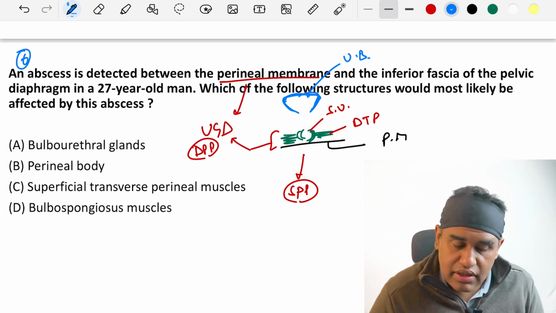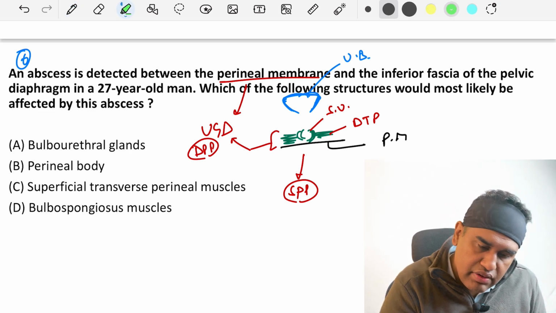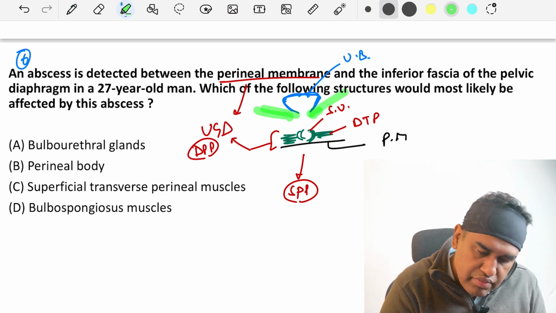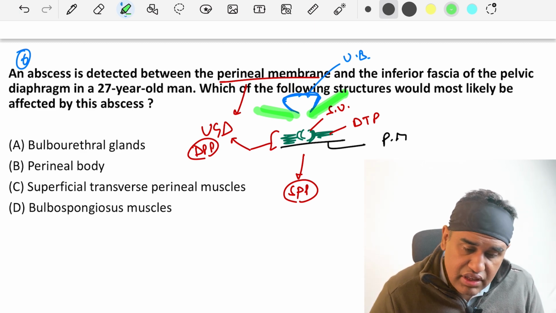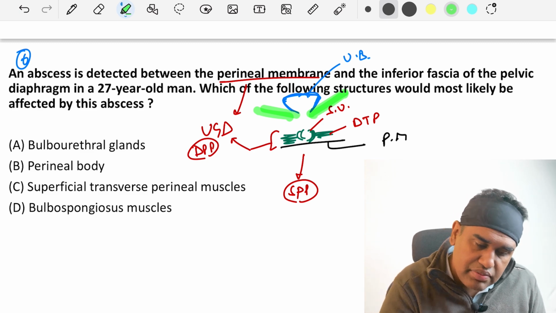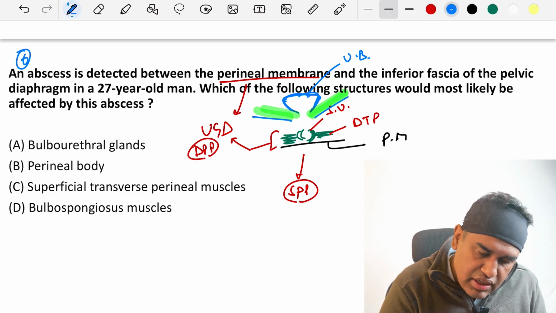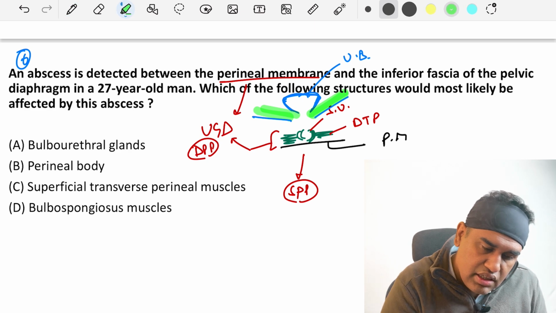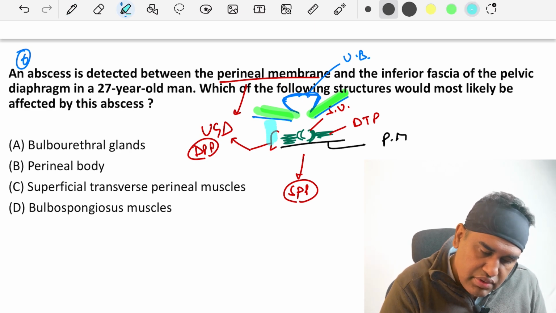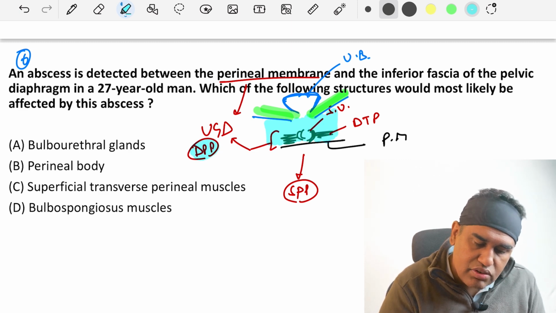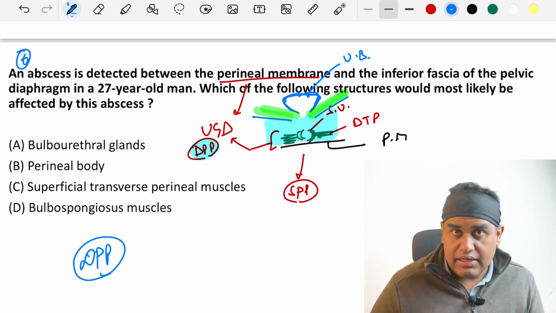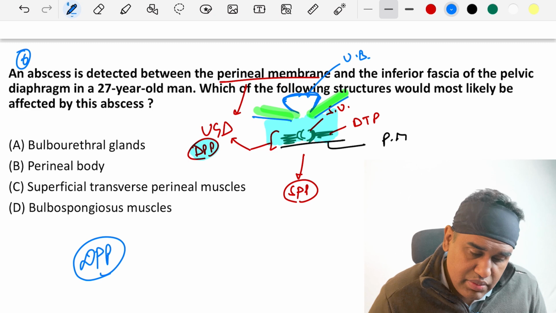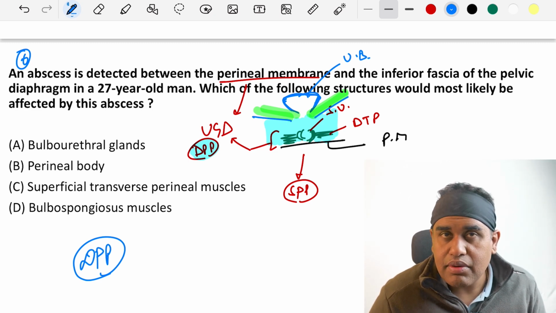Behind there will be a rectum, obviously. The pelvic diaphragm comes like this. Where is the abscess? Between the membrane and the inferior fascia of the pelvic diaphragm, so imagine the inferior fascia of the pelvic diaphragm here. The abscess lies in this area. Which space is this, deep or superficial pouch? Deep pouch. So we know the abscess is in the deep perineal pouch. Now, the question is, which structure would be affected? The structures lying in the deep perineal pouch will be the answer.